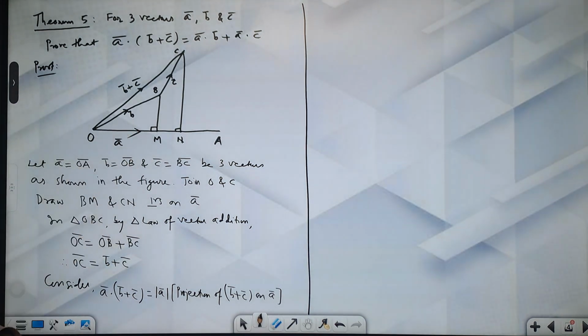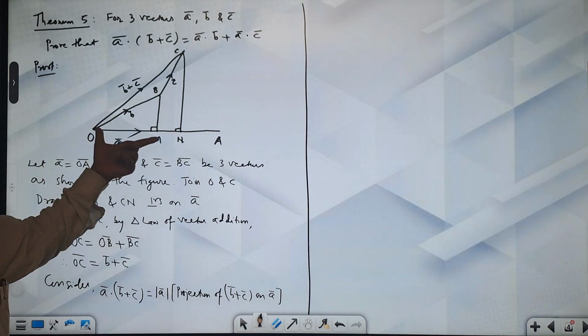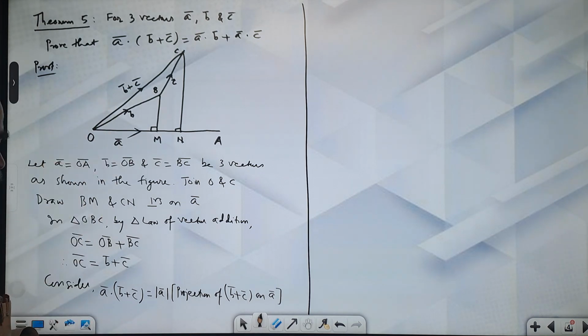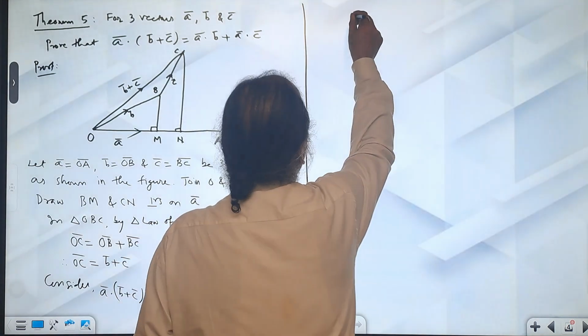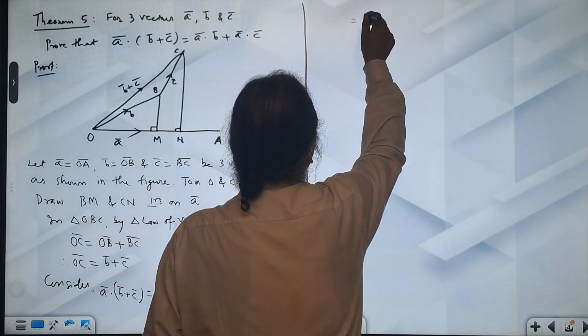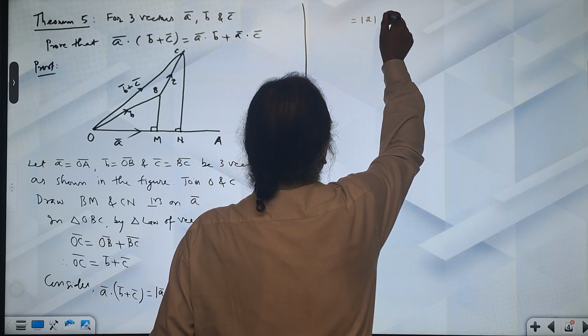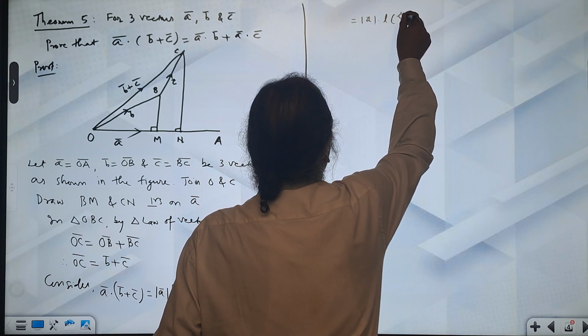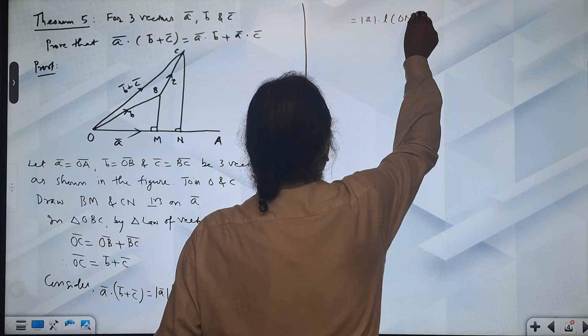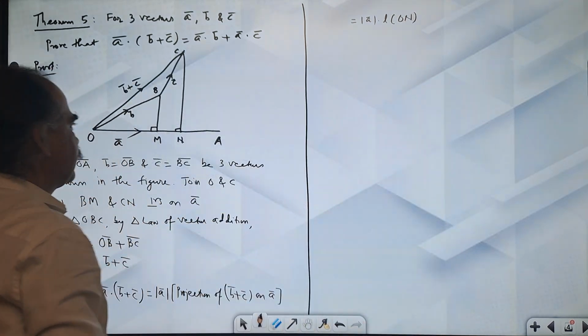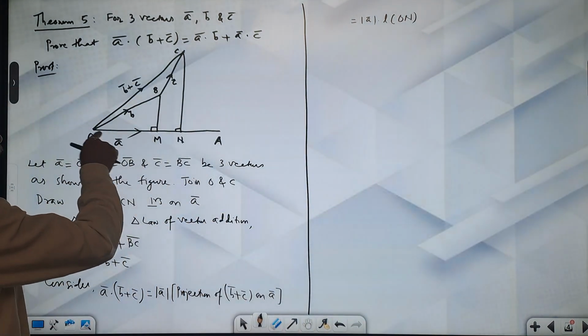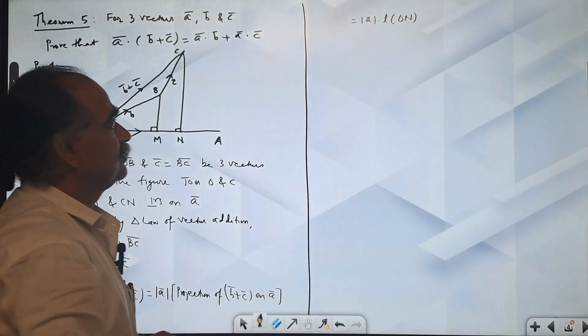And if you see the diagram, projection of B bar plus C bar on A bar is what? Length ON, which is equal to mod A bar into length ON. And if you see the diagram, length ON is length OM plus length MN.